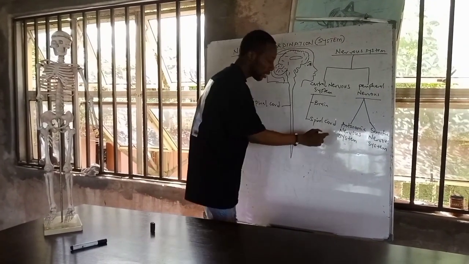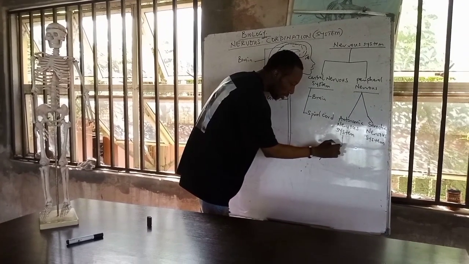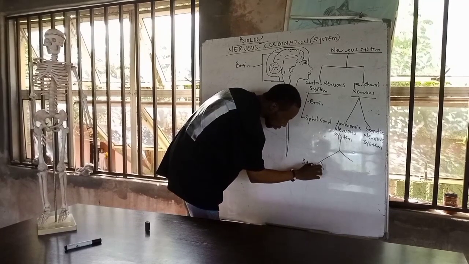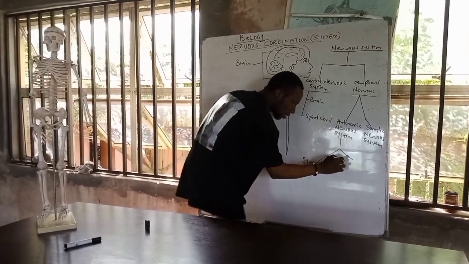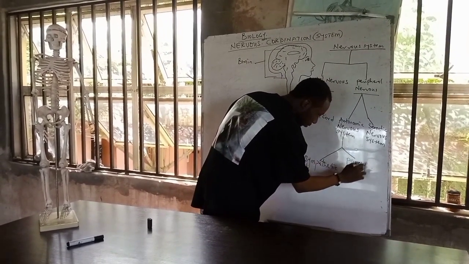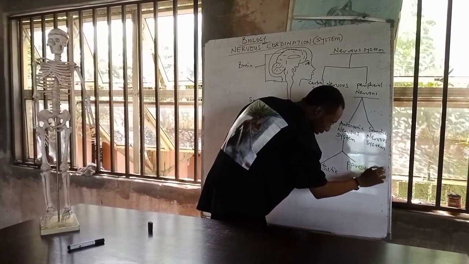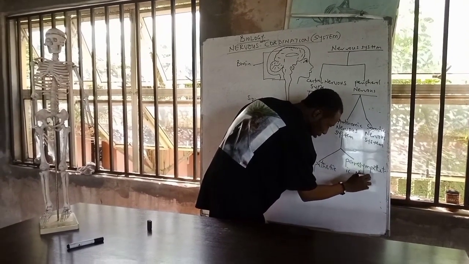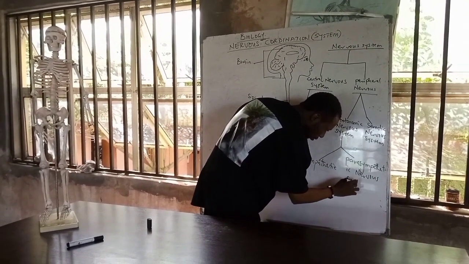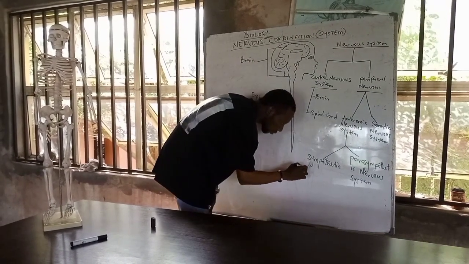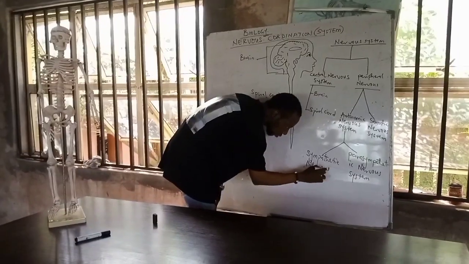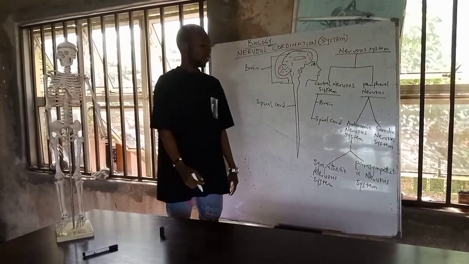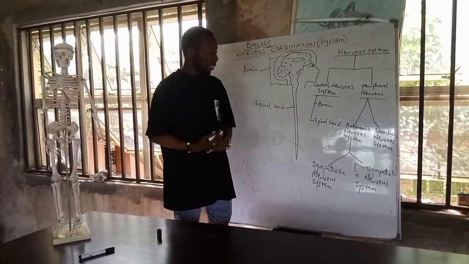The autonomic nervous system here is classified into sympathetic and parasympathetic. We have the sympathetic and the parasympathetic.